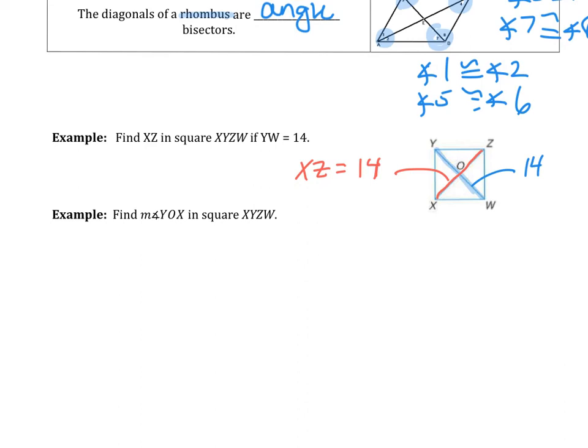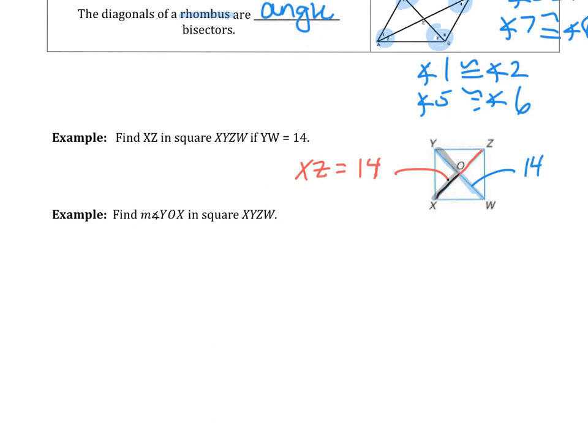All right, and the last one here, we're going to find the measure of, let me highlight it in gray for you, angle YOX. And we are going to use what we know again about the diagonals of a square, which in turn is diagonals of a rhombus and a rectangle.